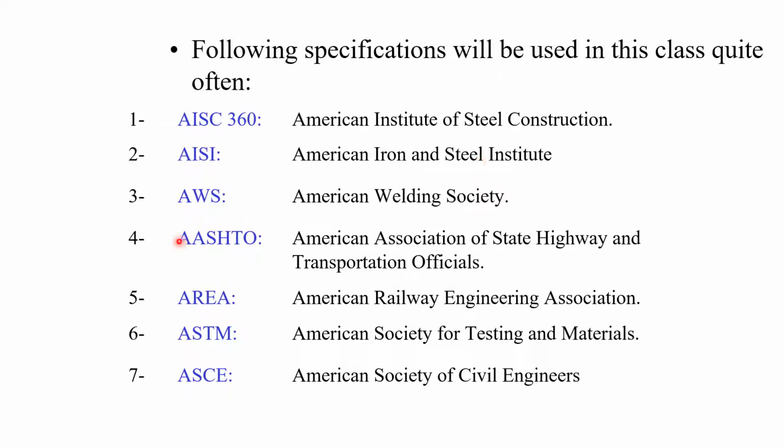AWS, American Welding Society. AASHTO, American Association of State Highway and Transportation Officials. AREA, American Railway Engineering Association. ASTM, American Society for Testing and Materials. ASCE, American Society of Civil Engineers. In these standards, you already know some of these names, so the remaining I have covered.